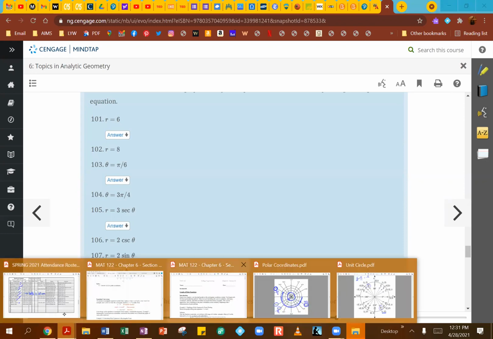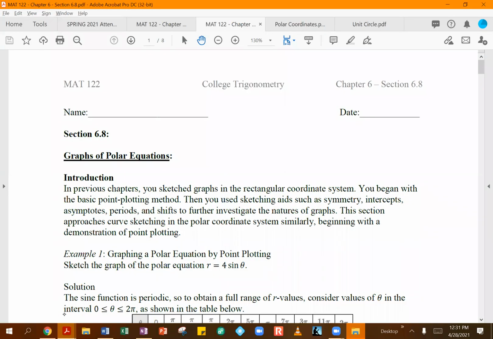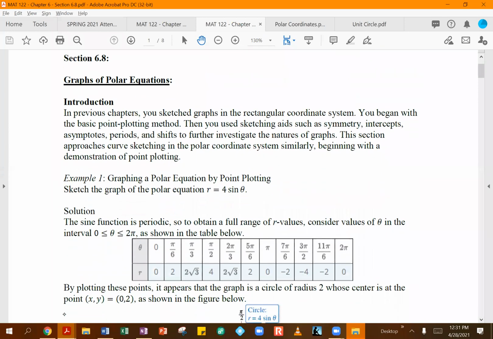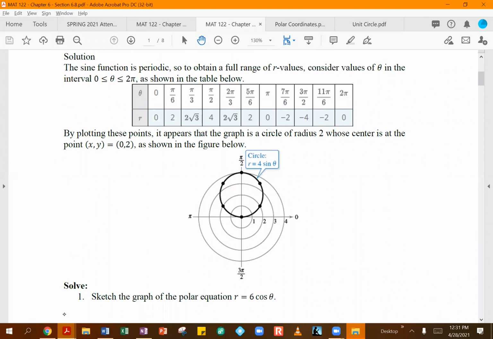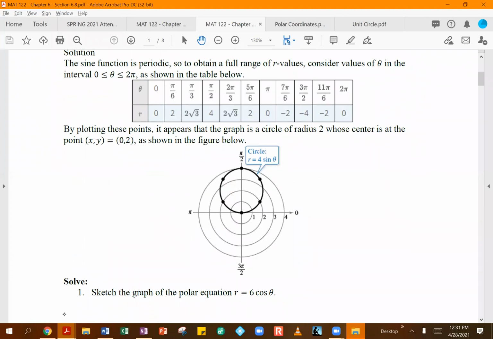Now, as I had said, when we get into 6.8, you will see this is actually where we get into the different shapes of graphs that we can create from our polar coordinates.